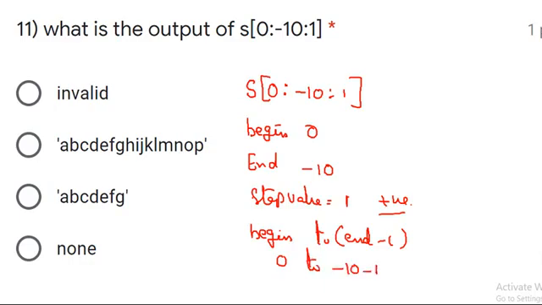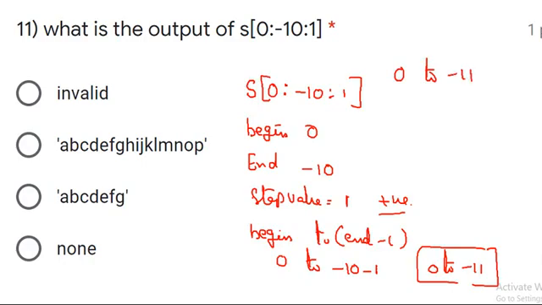Minus 10 minus 1, so 0 to minus 11. You have to travel from 0 to minus 11. Now, is there any possibility to travel from 0 to minus 11?